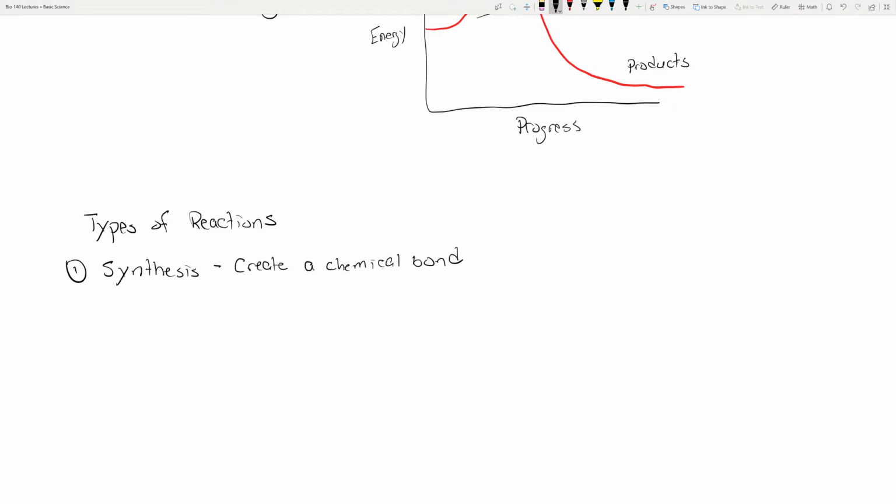The generic form of this is the reactants A plus B. A could be any molecule, atom or compound, and B could be a different molecule, chemical or compound, and when we react them, they will form a new molecule or compound called AB.